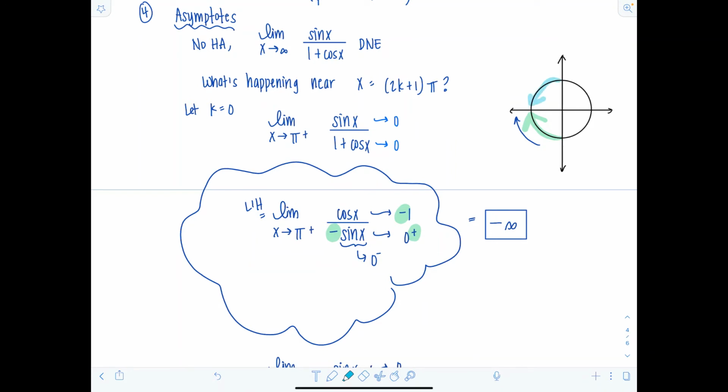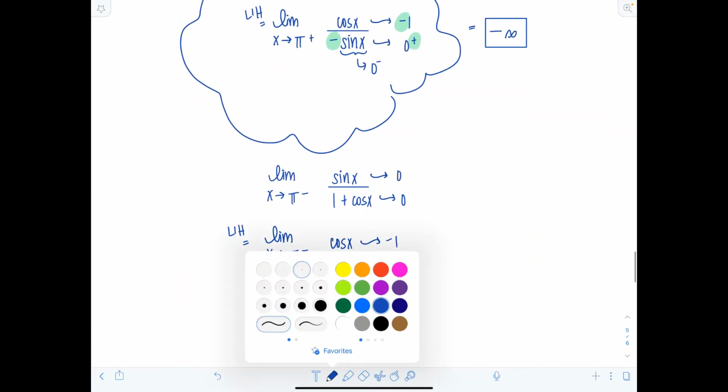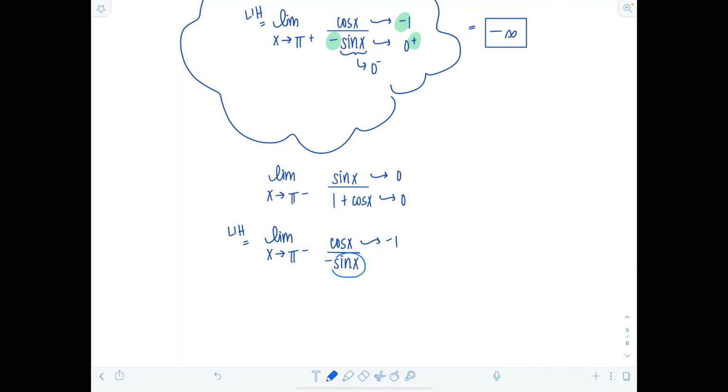And notice we're above the x-axis, that means y values are positive, so sine of x is positive there. So as we are getting closer and closer to pi, sine of x is approaching 0, but through positive values. So this right here is going to 0 through positive values, but then I got that extra negative over there. So the denominator is approaching 0 through negative values.